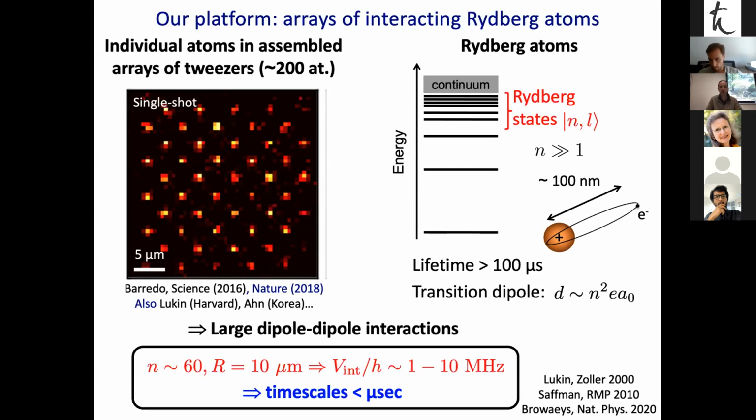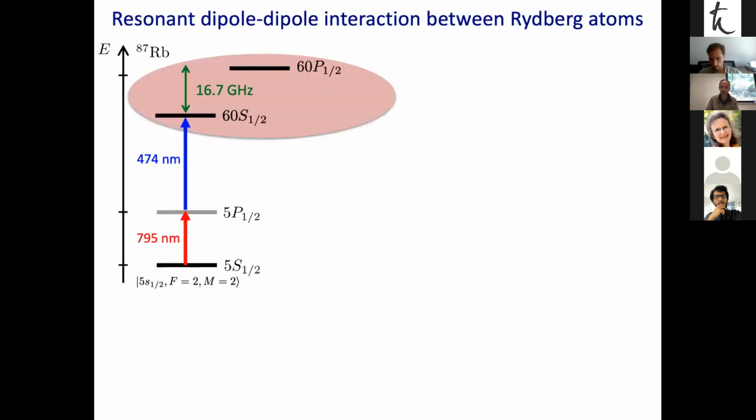So typically around n equals 60, which is what we use, two atoms separated by a distance of about 10 micrometers, so it's a long distance, the strength of the interaction is in the megahertz range. So it means that any interaction or any dynamics induced by the interaction is going to occur on a sub-microsecond time scale, which means that this lifetime of the Rydberg, although not infinite, can be considered long enough. Okay, so that's the platform.